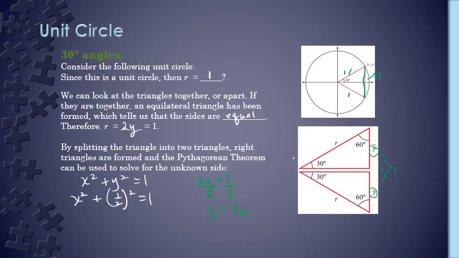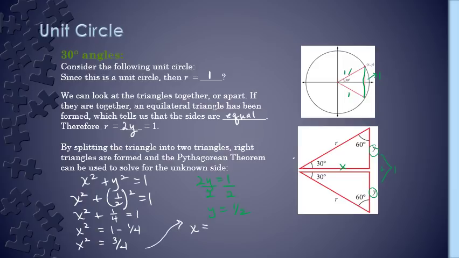And by the way, on my picture, I don't have x, but I hope that you are okay with recognizing that the x is right there. So let me finish solving for x. I'm going to have x to the second plus 1/4 equals 1. x to the second equals 1 minus 1/4. x to the second equals 3/4, and I'm running out of room, so let me move right here.